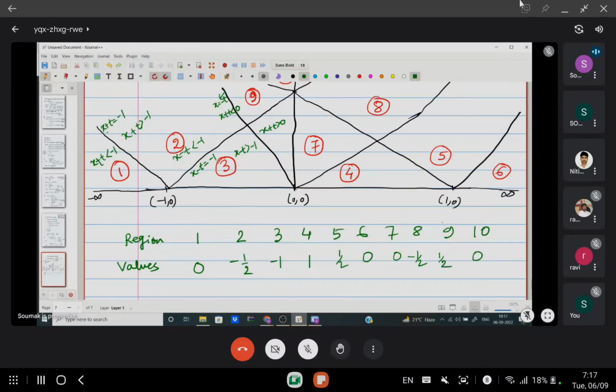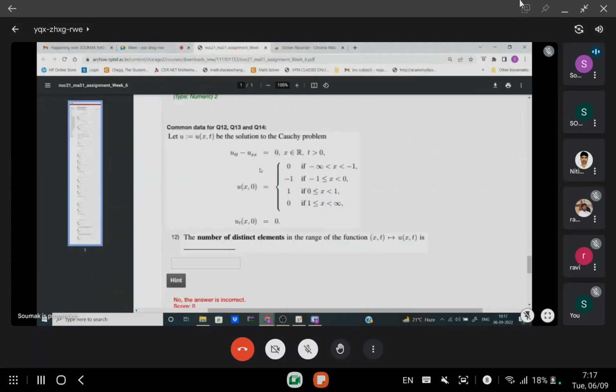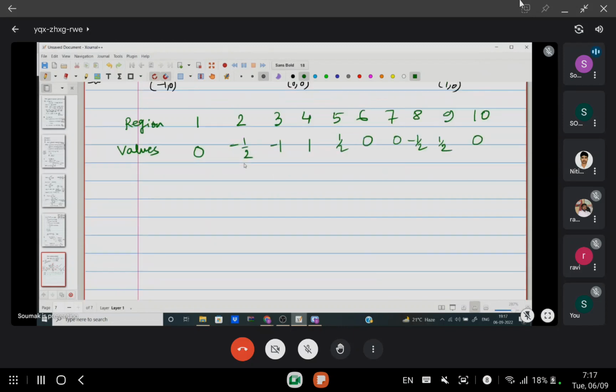You just have to find the average carefully, and find what the question is asking. The question is the number of distinct elements in the range of the function. So what are the distinct elements? 1, 2, 3, 4 and 5. So the answer is 5.